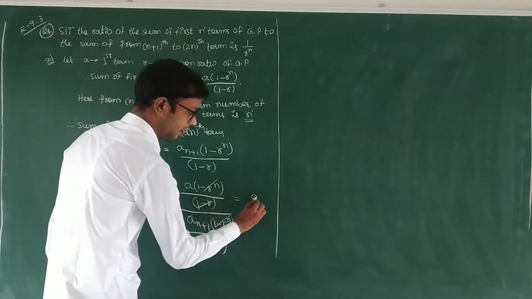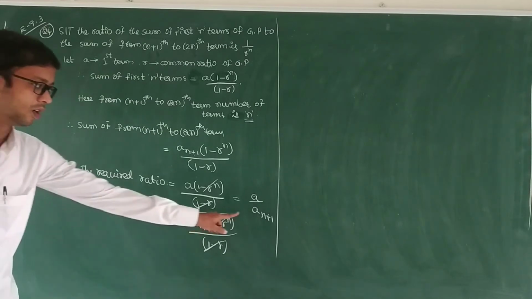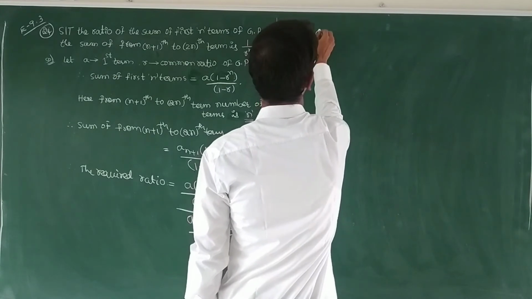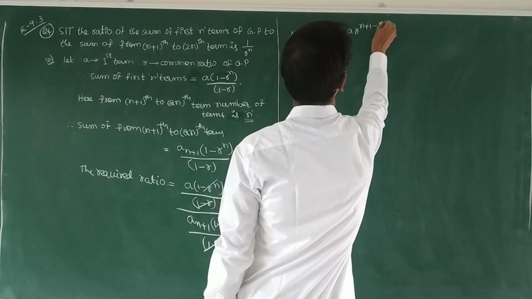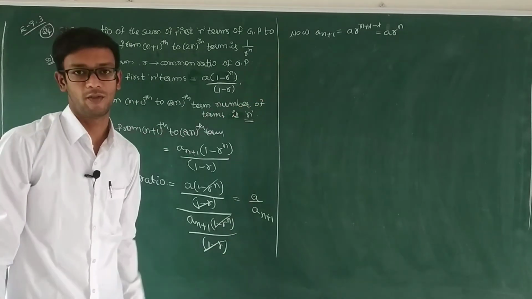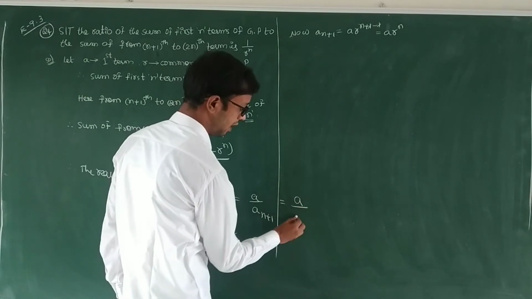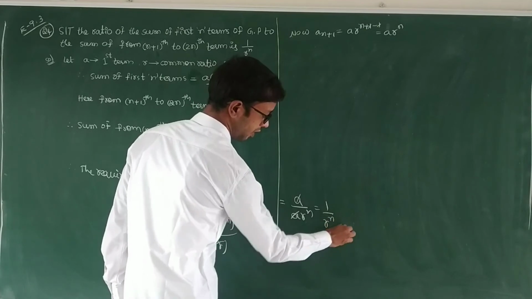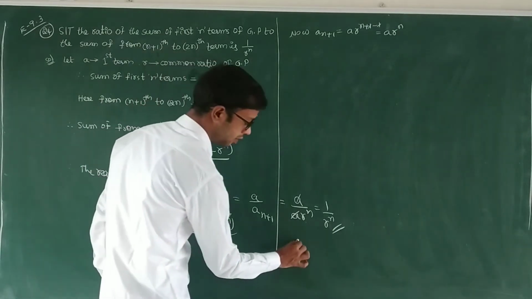So what did we get? a by a(n plus 1). Now a(n plus 1) is equal to a into r power n, that is the (n plus 1)th term. So substituting, it would be a by a r power n. a gets cancelled: 1 by r power n. The ratio we got is 1 by r power n. So hence proved.